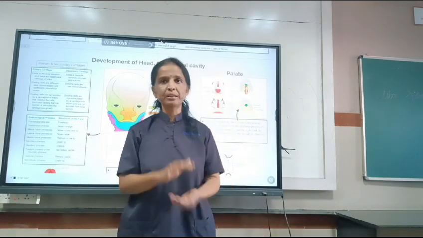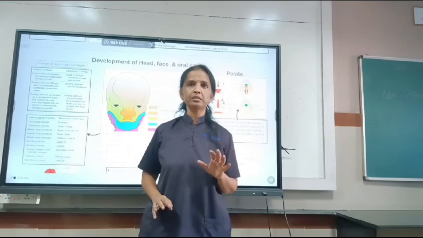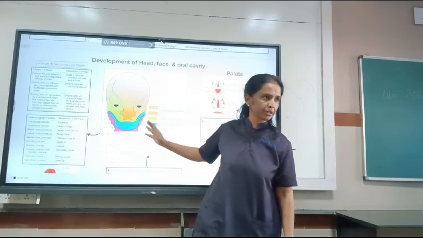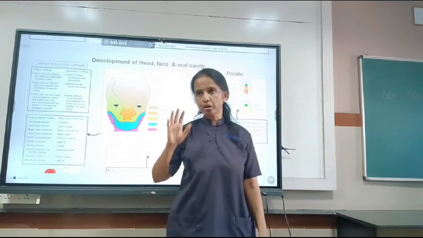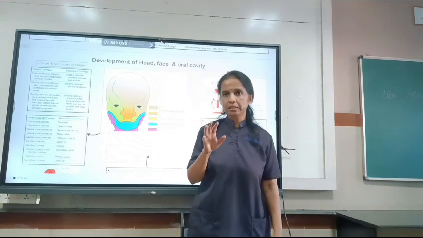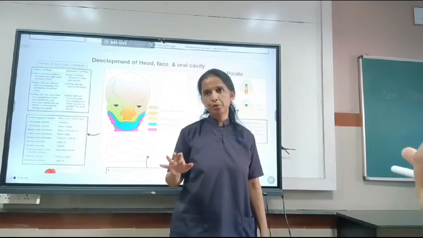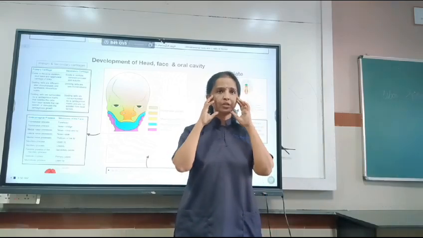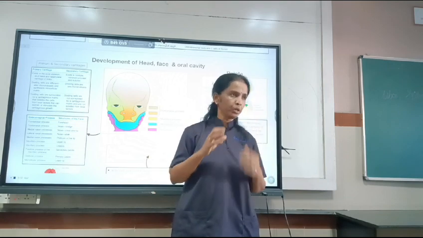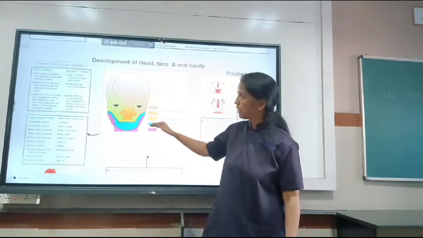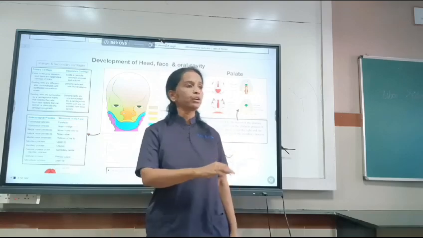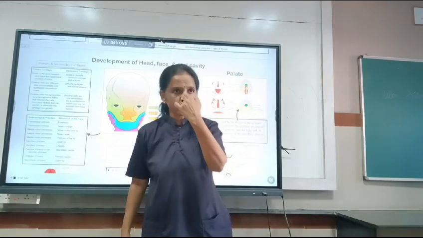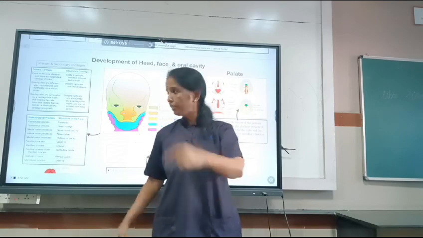So shall we quickly revise? So development of face happens through the major processes which are listed here. The first one is frontonasal process, maxillary process, mandibular process and the hyoid process. This is in general an overview, and specifically area-wise, frontonasal process gives rise to the forehead, then the root of the nose, very important.